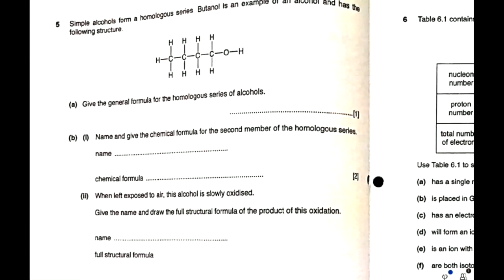What's the general formula for alcohol? The general formula is CnH2n+1OH. This one is a repeat. What is the second member?